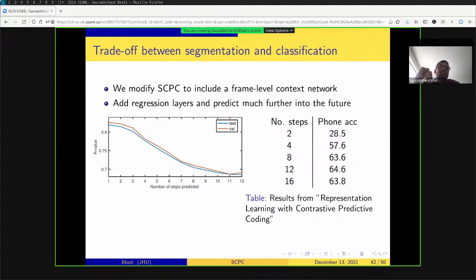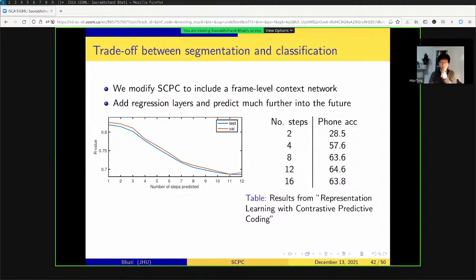And it might not happen if you use a different boundary detector, which just looks at more data points instead of just the current one and the next one. I see. So it might be partly due to the way we are doing the segmentation, not because there is always a trade-off between the two tasks.